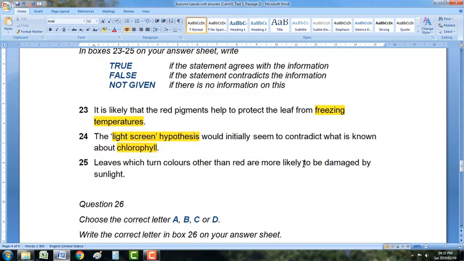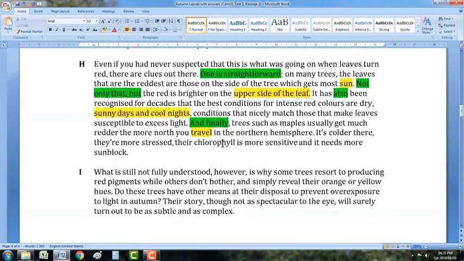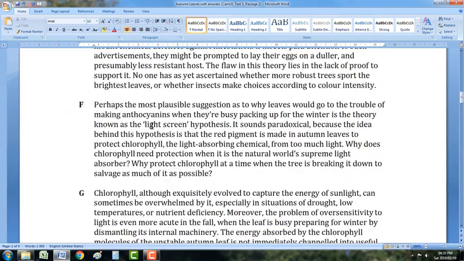Chlorophyll, likely to be damaged by sunlight. And I know we spoke about sunlight. So I would just check that, and chlorophyll. That one then is somewhere here in this paragraph, because here's the chlorophyll. So that one is probably there.